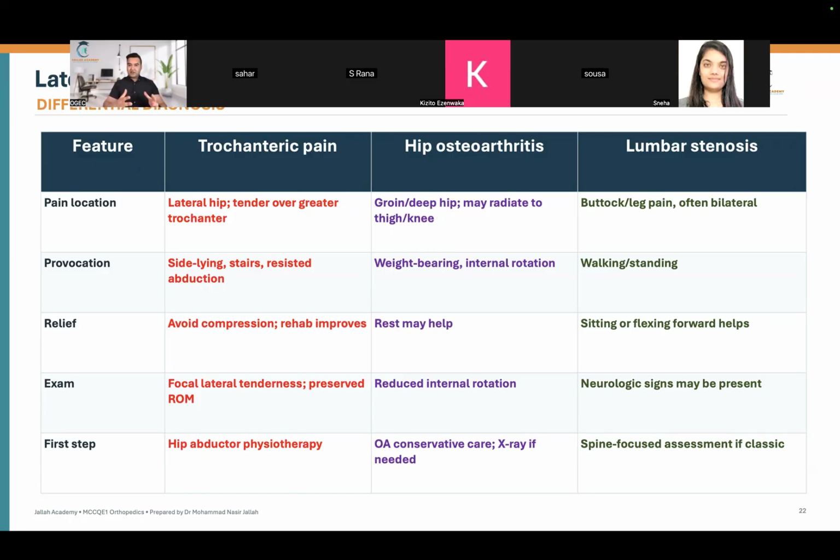They may give you a scenario about someone who has back pain, but he says that when I'm going shopping, I have back pain, but when I'm pushing the shopping cart, I feel better. So what happens when you're pushing the shopping cart? You're flexing your back, bending your back, pushing this way.